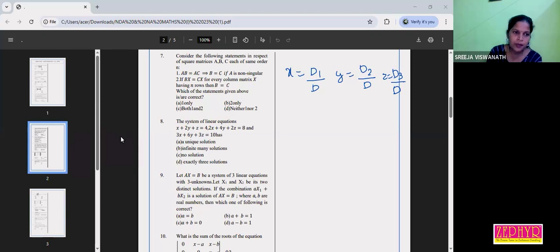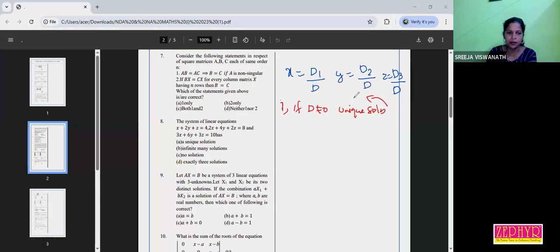Now, case by case, listen carefully. First case: if D is not equal to 0, the system has a unique solution, and the unique solution is this x, y, z.